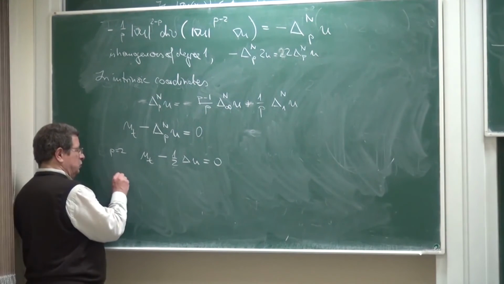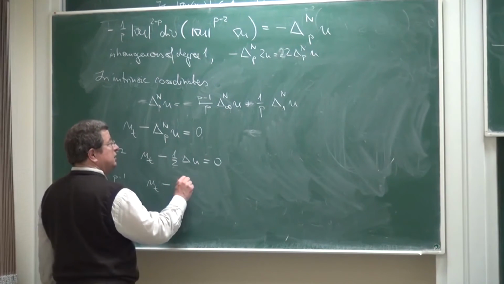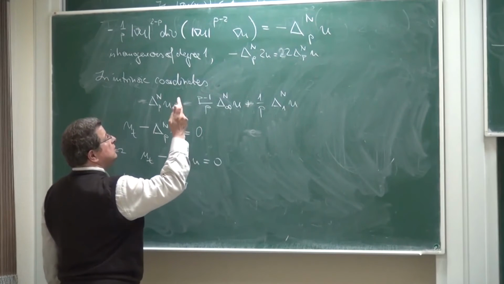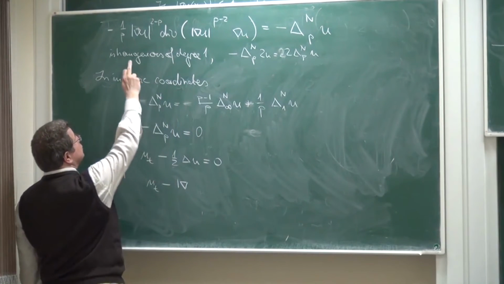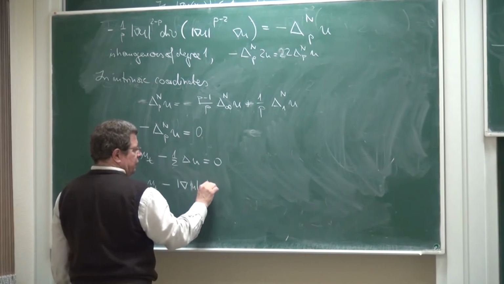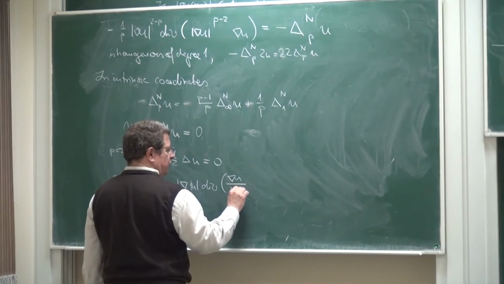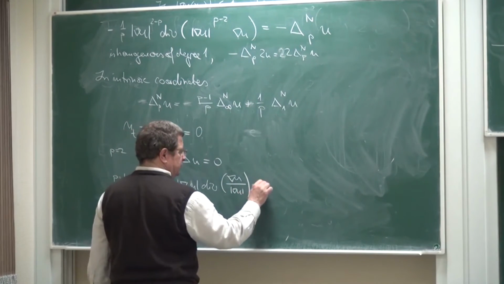Case p equal to 1: u_t minus, here we have the gradient to the power 2 minus p, gradient u, times divergence of gradient u over modulus gradient u, equal to 0.